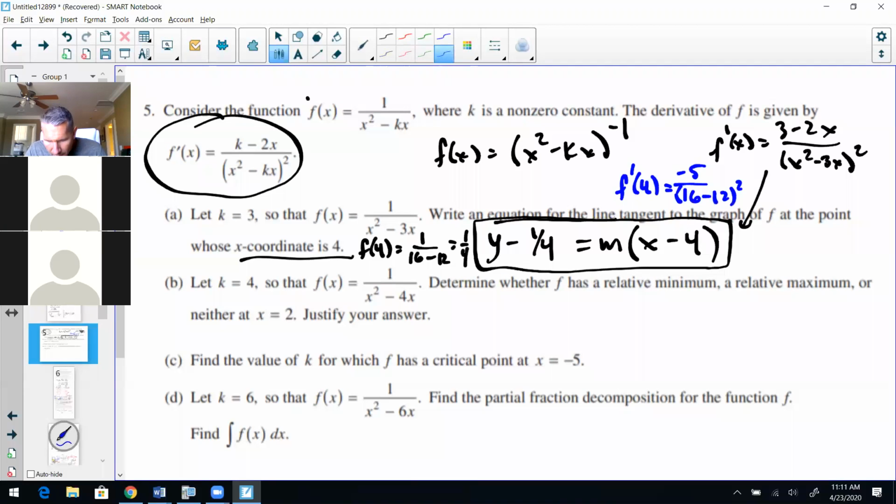So that ends up being 4 squared is 16. So this is negative 5 over 16 is what I get. Negative 5 over 16. So that's what I have for the equation of the line tangent to the graph of f at the point whose x-coordinate is 4. Let's see what they have for 5a.